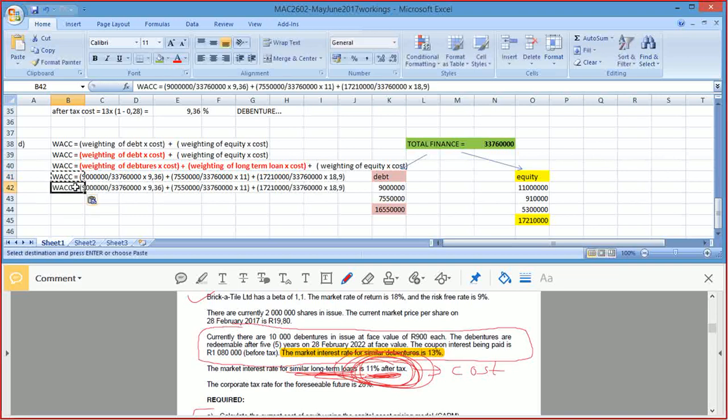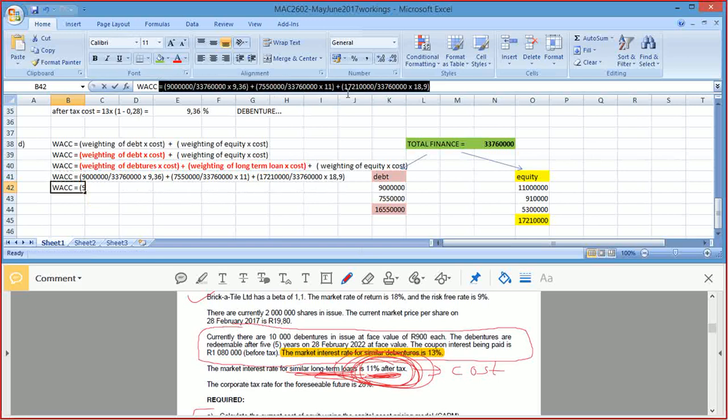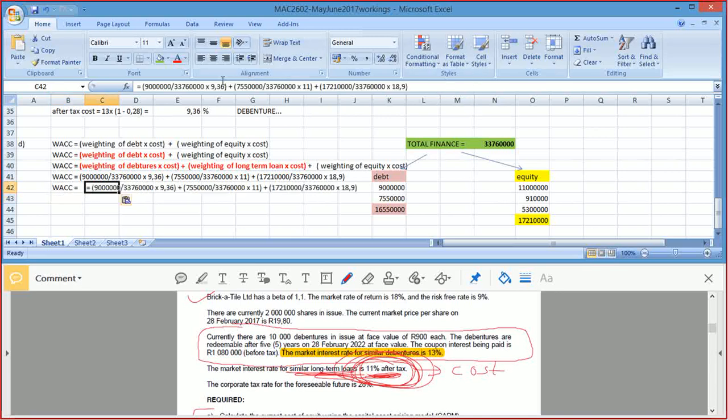That's it. Copy, paste, get the answer: .59% WACC.